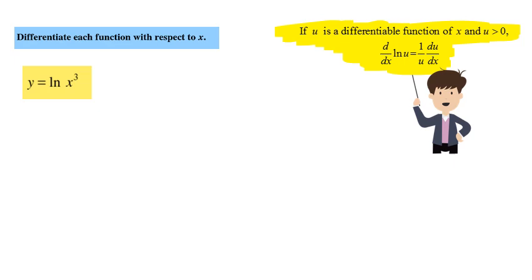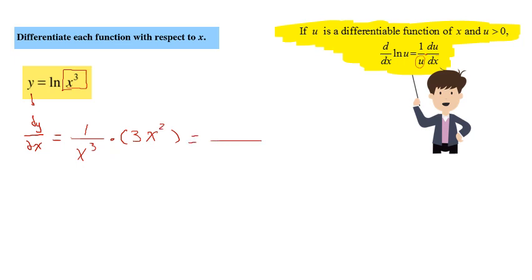Y is equal to ln x to the power of 3, and I want to differentiate this function with respect to x. The left hand side is the derivative of y with respect to x, and the derivative of ln, as we can see in the rule, is 1 divided by the function multiplied by the derivative of the function. The function here is x to the power of 3, so it's 1 divided by x to the power of 3, multiplied by the derivative of x to the power of 3, which is 3x squared.